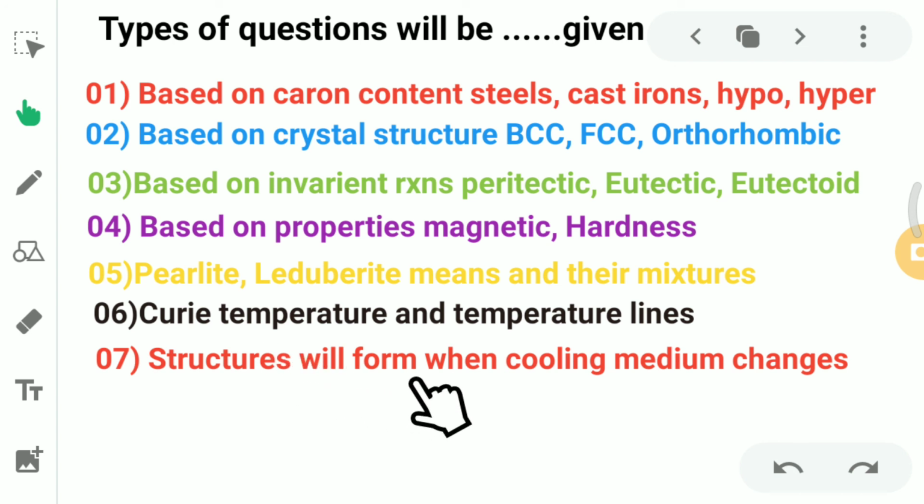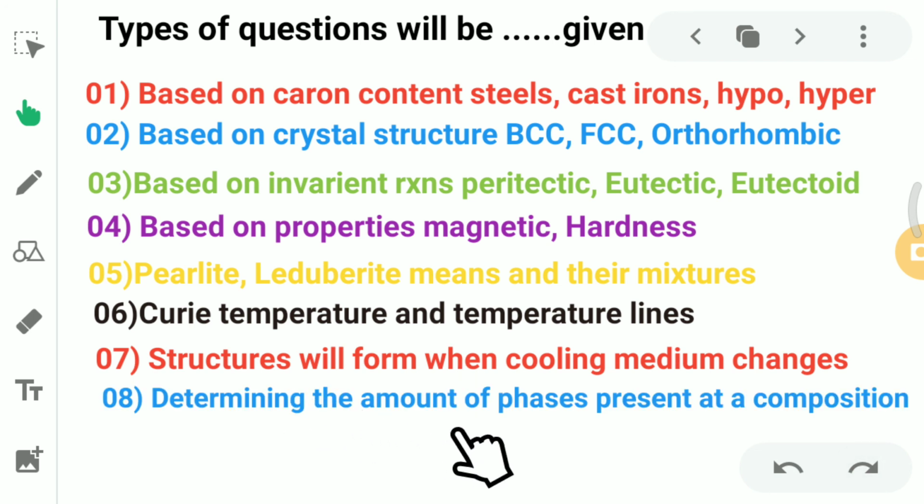If it is cooled in water, in brine solution, or in a liquid cyanide bath, what will we get? That needs to be remembered, friends. These kinds of questions will be asked in competitive exams. And determining the amount of phases present at a composition at a given temperature, I already told you, I have already uploaded a video based on the lever rule, friends. You can watch that.